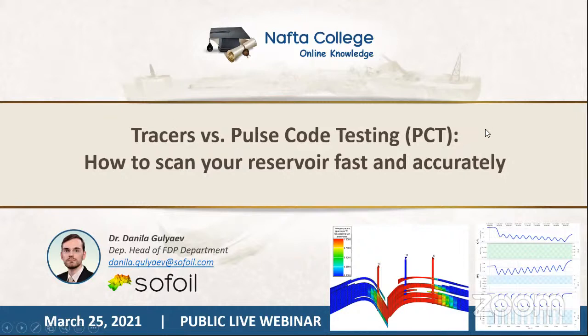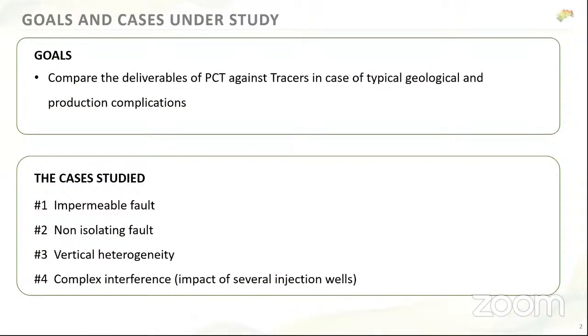The other is pressure interference: we change the pressure in one well and determine the pressure propagation in the other well. We decided to compare those technologies and see the advantages of each.